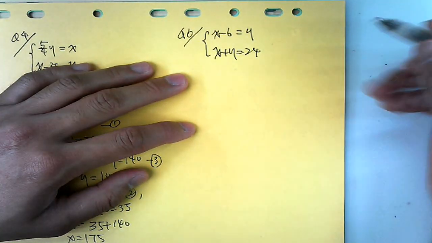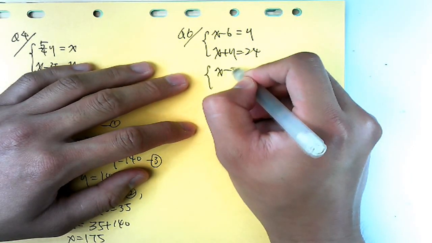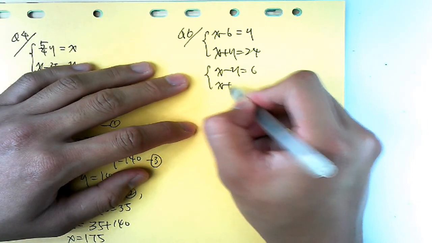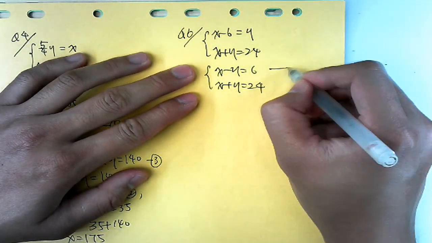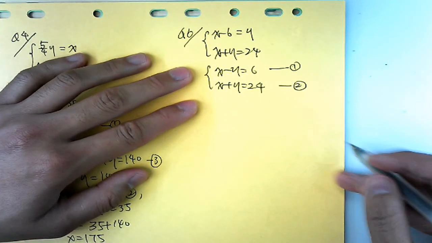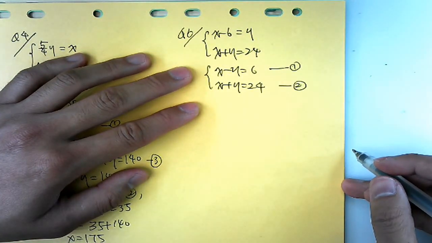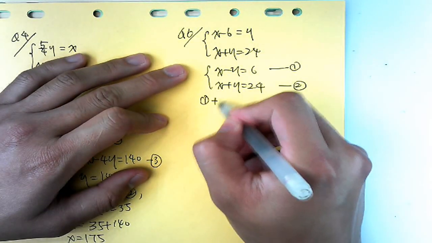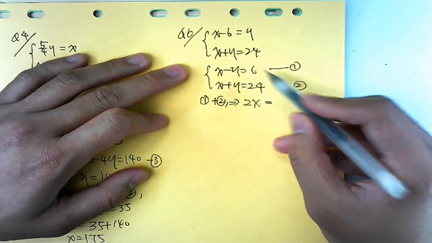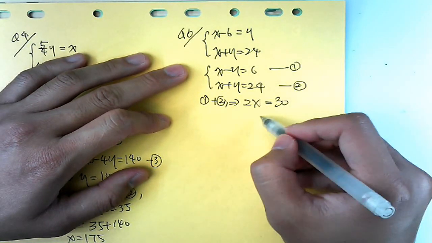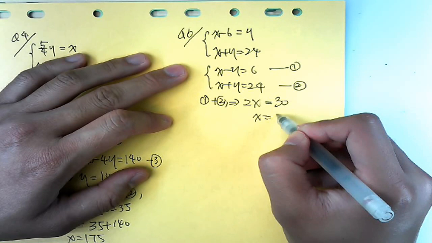Understand? So next, we arrange all the terms first. Then you give names. Actually you see a minus Y and a positive Y, right? You do 1 plus 2. Understand? 2x, Y cancels, and then equals 30, and then X equals 15.